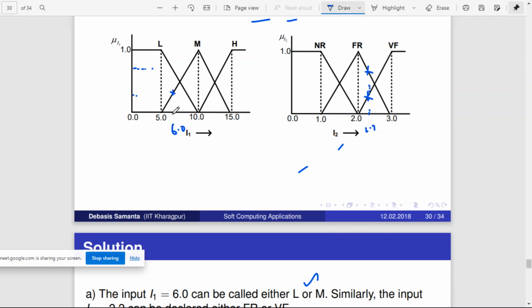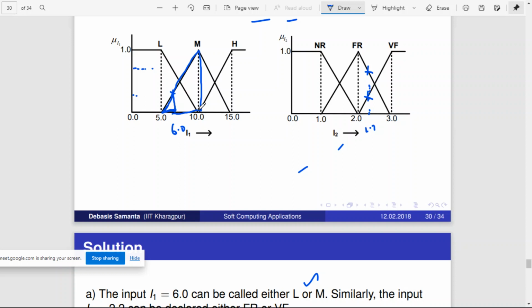If you draw a line, it comes here, so this is one triangle and this is another triangle. Again, x by 1 equal to y by delta 1.